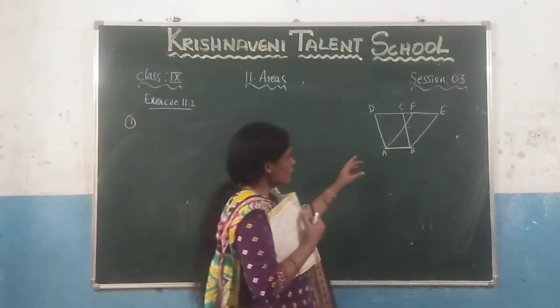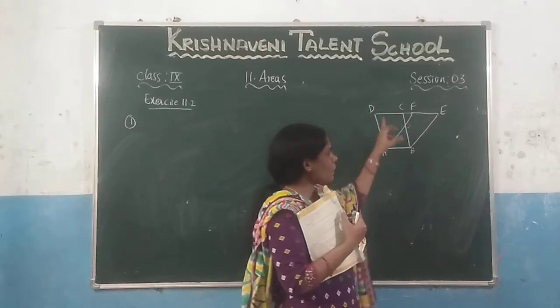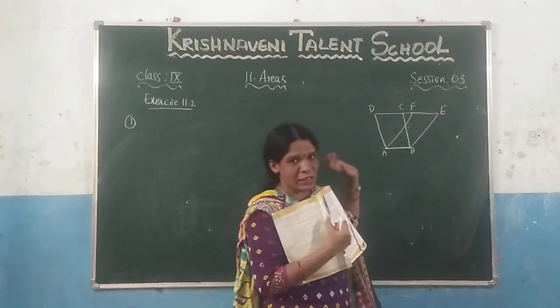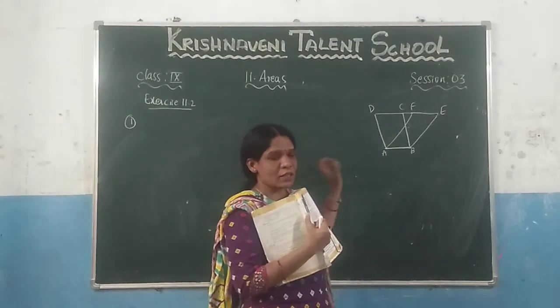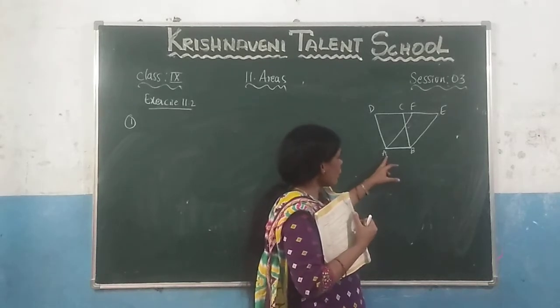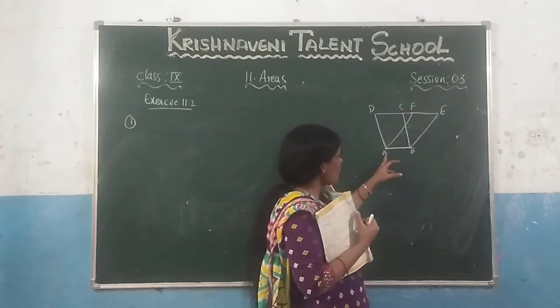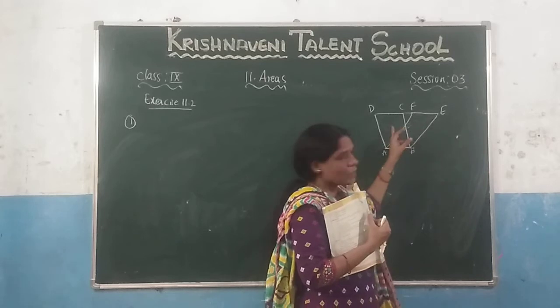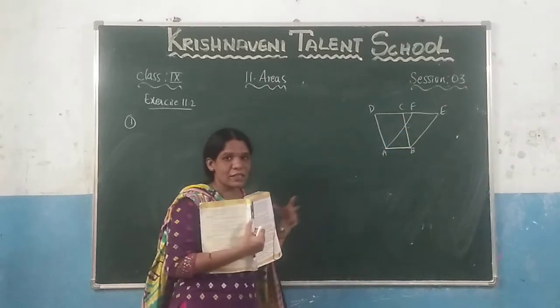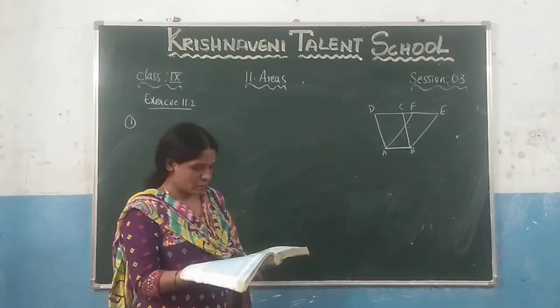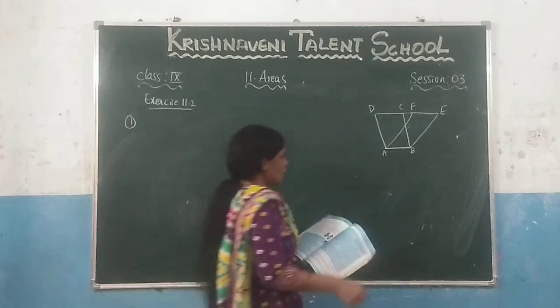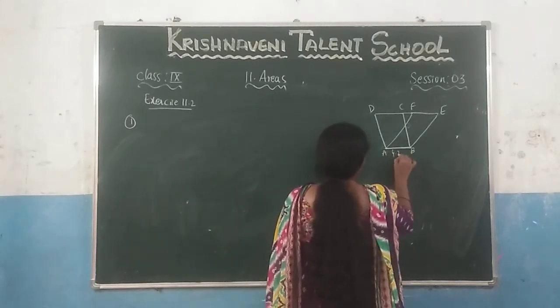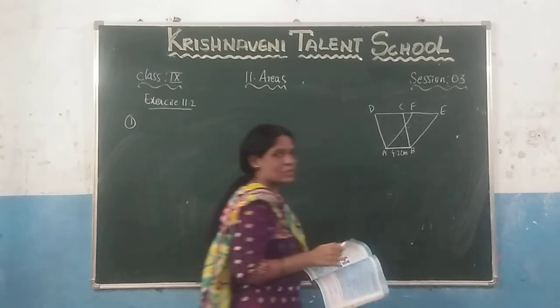The parallelograms that are lying on the same base and between the same parallels are equal in area. Based on that theorem, we can see here the area of the parallelogram ABCD must be equal to the area of the parallelogram ABEF. Based on that, we need to find the height of the parallelogram. So here, what is given? The length of AB they have given as 4.2 centimeters.